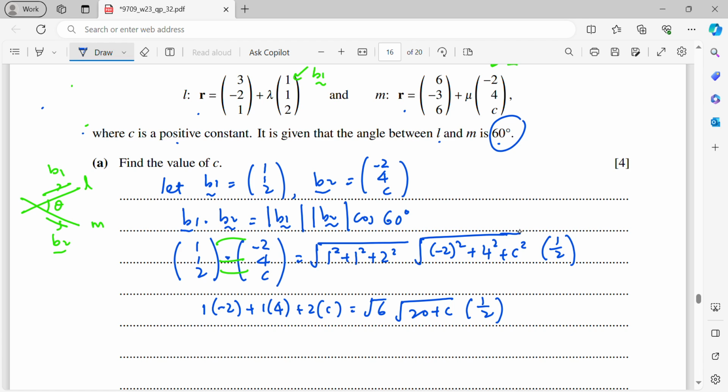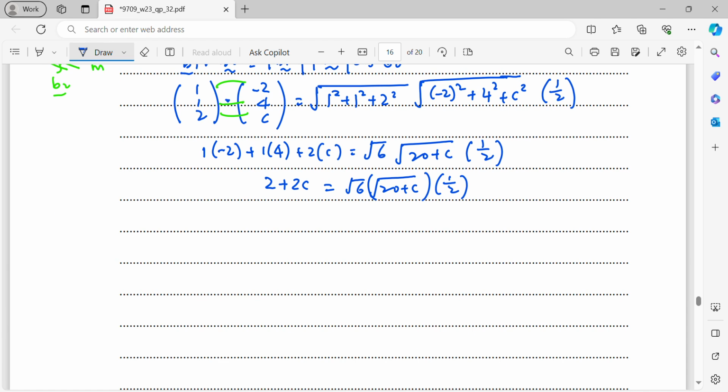So for the left hand side, minus 2 plus 4 is 2. So 2 plus 2C equals square root 6 times square root of 20 plus C squared, times half. So then from here, you can just times the whole equation by 2. So I will get 4 plus 4C equals square root of 6 times 20 plus C squared. So the half will be cancelled off.